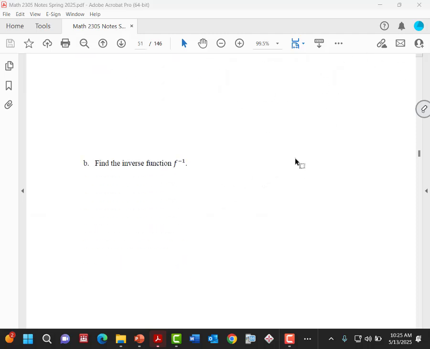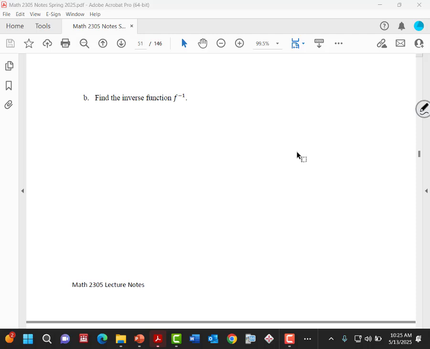We now find f inverse for f of x equaling 10 to the x.